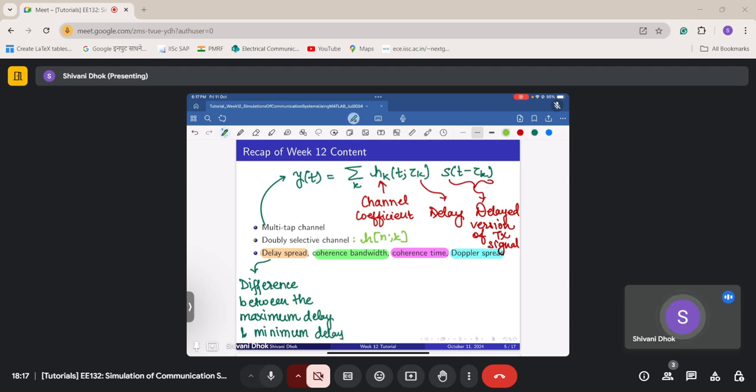Then you have coherence bandwidth. So this is the bandwidth for which the channel remains constant, or the channel is approximately constant.